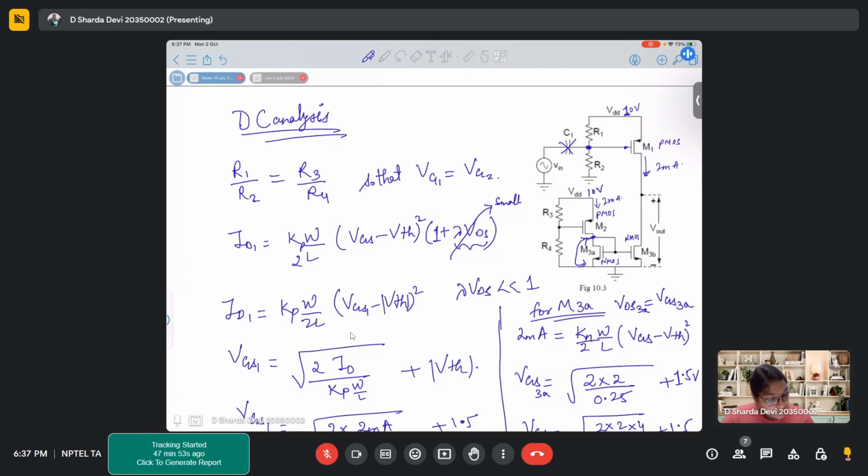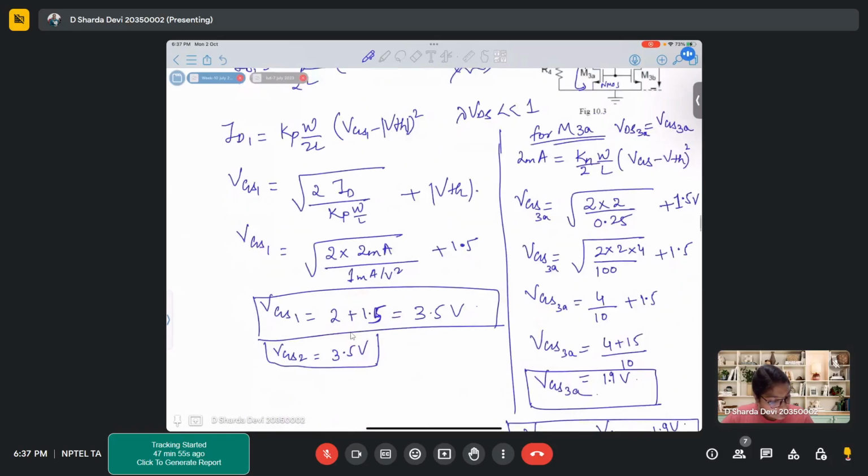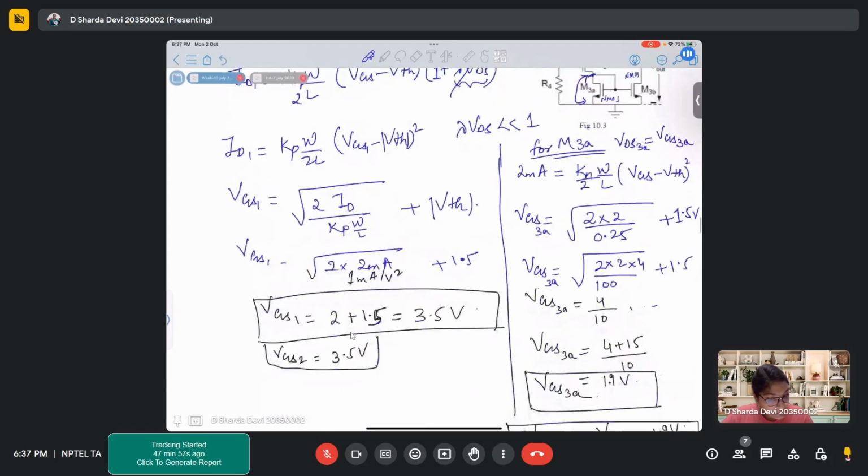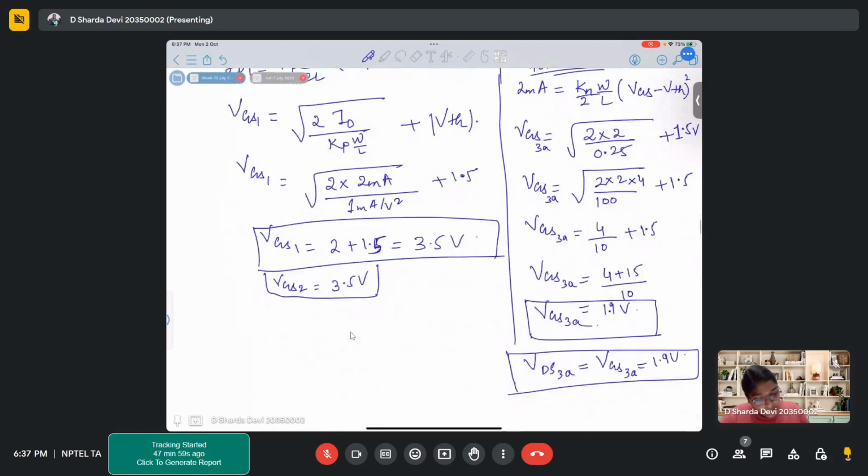Your VGS is VG2 minus VS2, which is 3.5 volts.